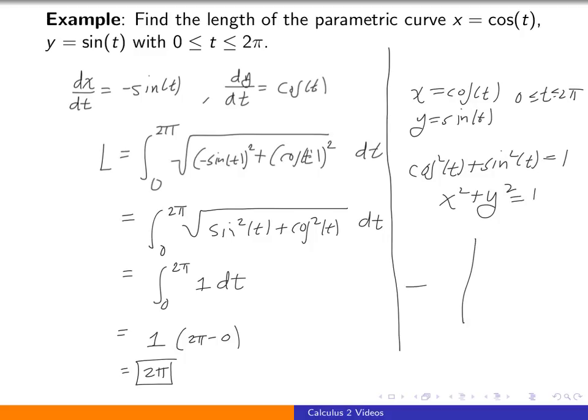So our parametric curve in this case is a circle of radius 1 centered at the origin. And the circumference of this circle is 2 pi r, so just 2 pi. In fact, one could easily observe if we changed this interval from, say, 0 to pi, that would just be the top half of the circle, so its length would be pi. If it was 0 to pi over 2, it would be this upper right-hand quarter, so just pi over 2, and so on.